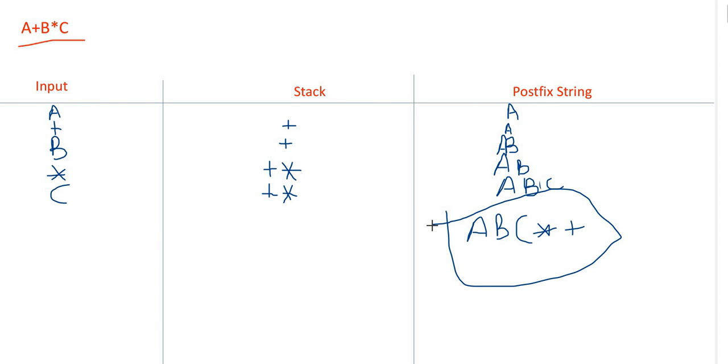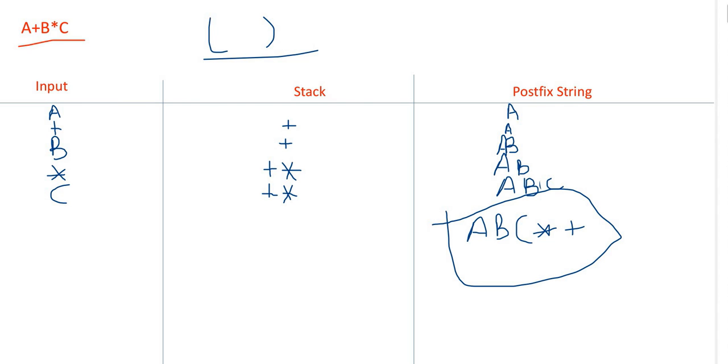Okay guys, your postfix expression can be different because open and closing parentheses are not there. When opening and closing parentheses are not present in the expression, it can have more than one postfix string.